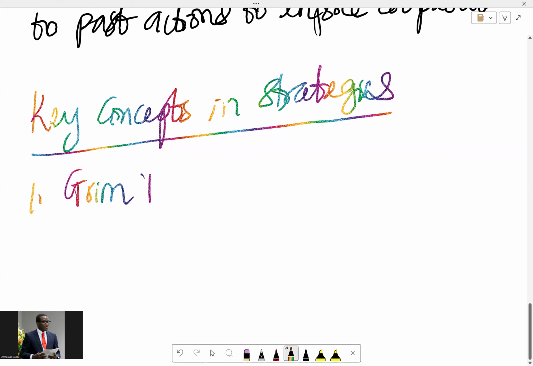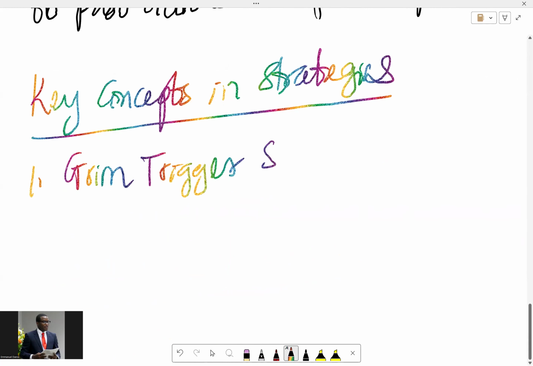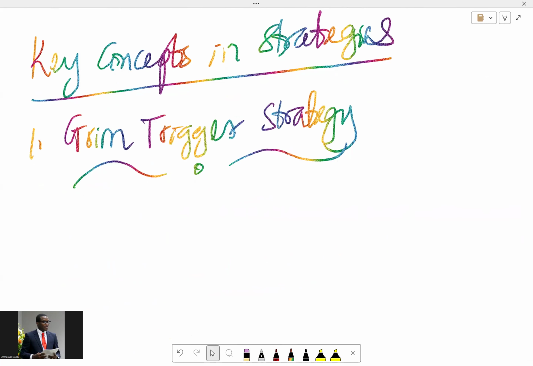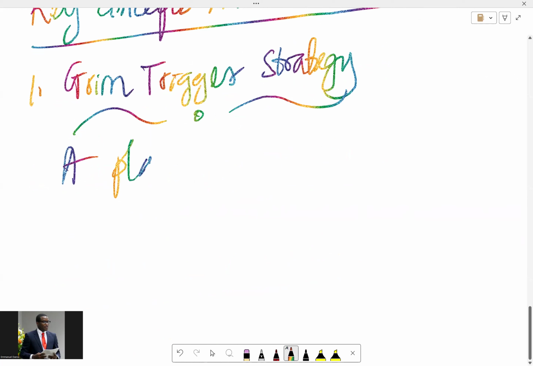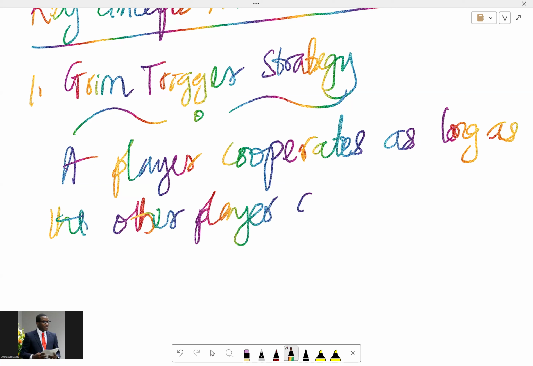We have the Grim trigger strategy. That's one of the examples of trigger strategies, I believe. Here, a player cooperates as long as the other player cooperates.